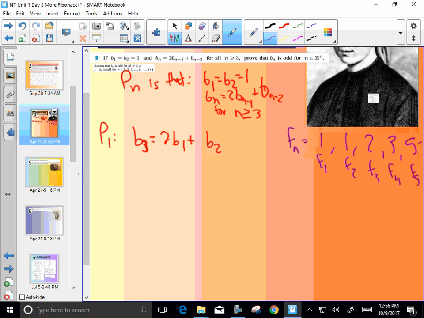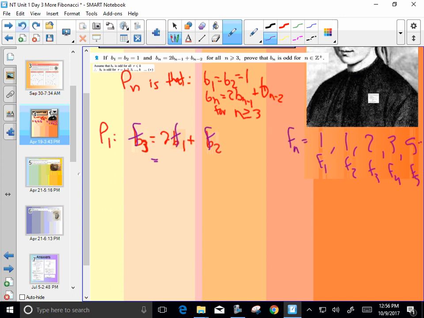So using this formula, Fibonacci 3, 2 times Fibonacci 2 plus Fibonacci 1. And we're trying to say that they're odd. Now, this is kind of a strange one here. Prove that B of n is odd for all of these. So we're trying to show that these are all odd.